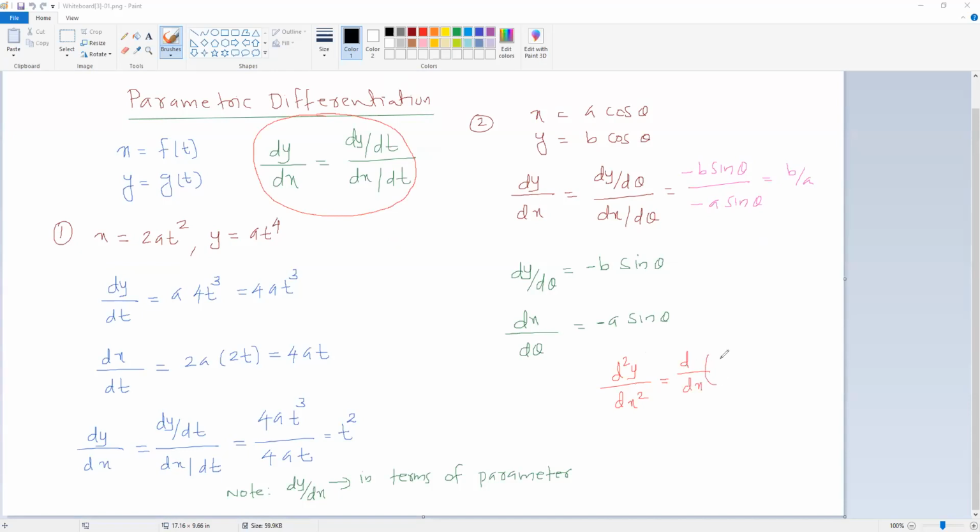But yesterday I told you, as a note, when you find the second derivative in parametric form, the answer will always be in terms of the parameter. That means the answer you will get in terms of the parameter only.